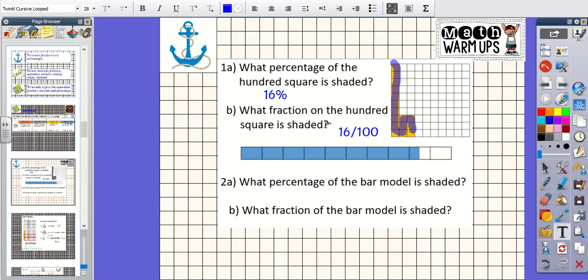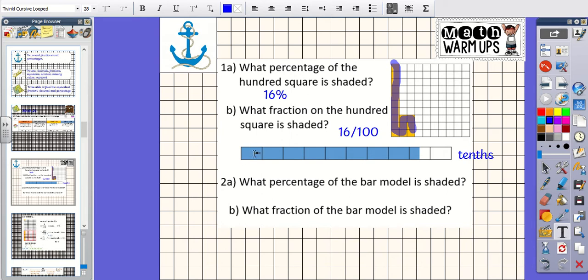Okay, number 2 then. What percentage of the bar model is shaded? Now I can see that this bar model is split up into 1, 2, 3, 4, 5, 6, 7, 8, 9, 10. So it is split up into tenths. So I know that that can't be 1.